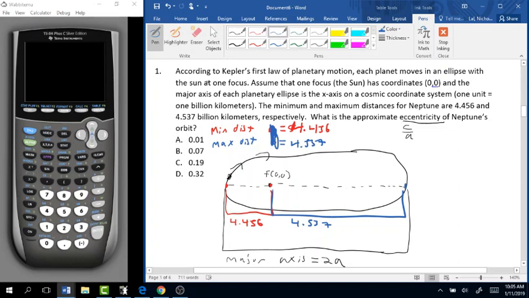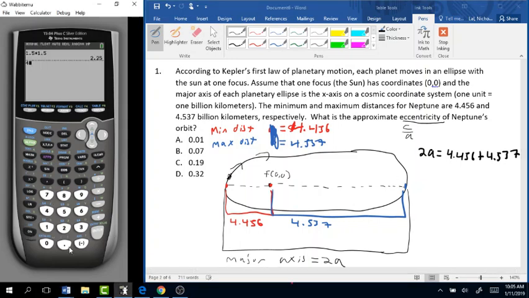Now, one piece of information I can get is that the minimum distance plus the maximum distance is the length of the major axis. So 2a is equal to 4.456 plus 4.537.